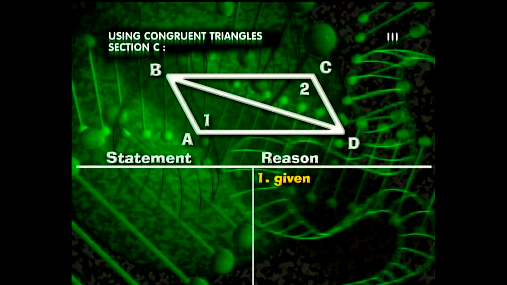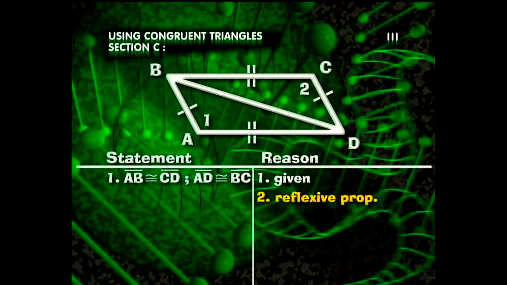Let's start by stating our given information. AB is congruent to CD, and AD is congruent to BC. We have two pairs of corresponding sides, and we can get the third pair easily. With the reflexive property, we can state that the side shared by both triangles, BD, is congruent to itself. Now we have three corresponding sides.